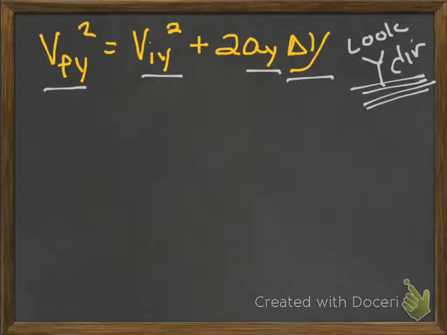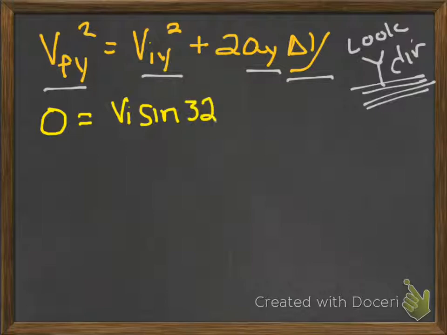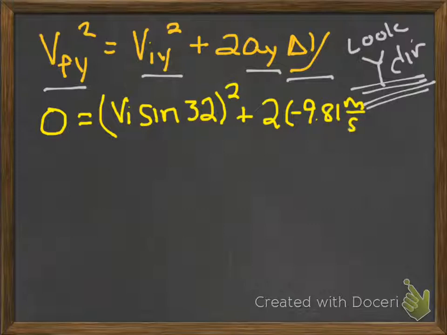So let's fill in what we know. The final velocity is going to be 0. The initial velocity is going to be vi sine of your theta, which in this case is 32, squared plus 2 times negative 9.81 meters per second squared times your distance, which is 0.55 meters.